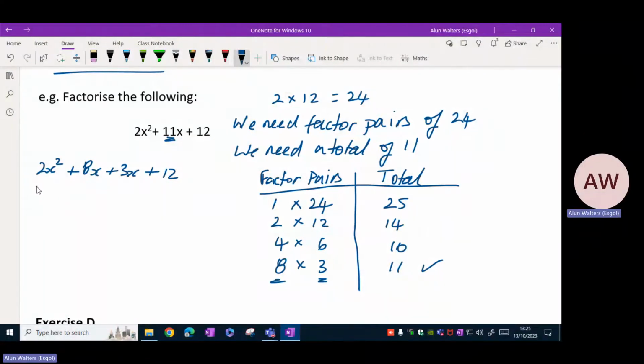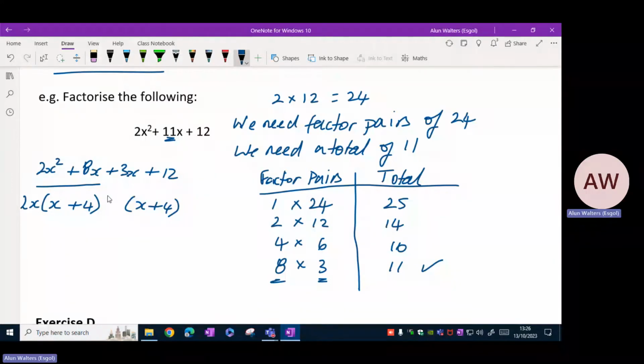So I'm going to factorize the first 2, which is why I did all that work at the beginning of the lesson. In actual fact, I take 2x outside, and I'm left with x plus 4. Whatever I write in that bracket, I write over here, x plus 4. And then I ask myself, what do I multiply 4 by to give me 12?